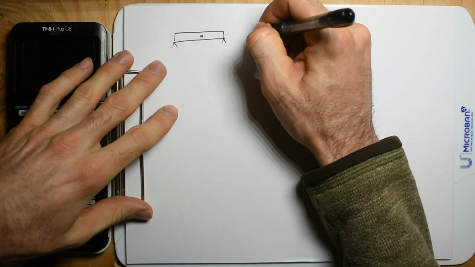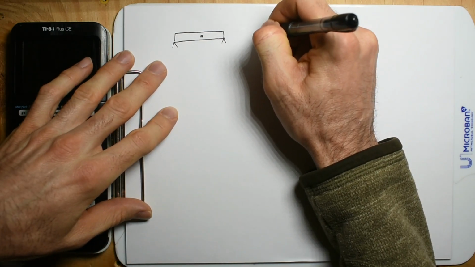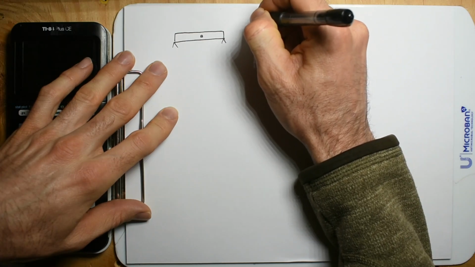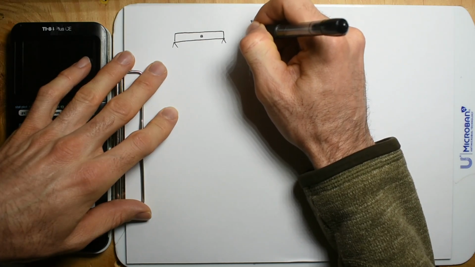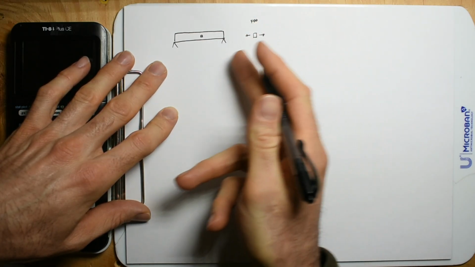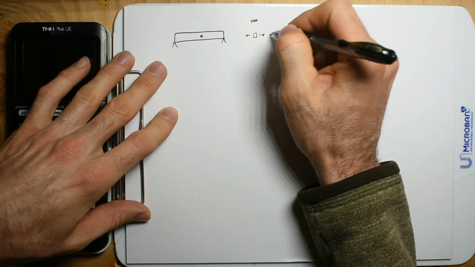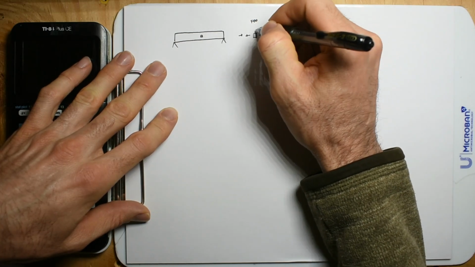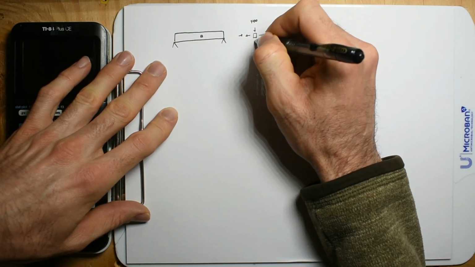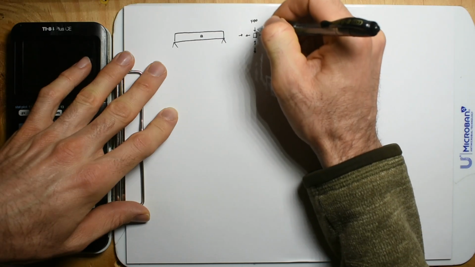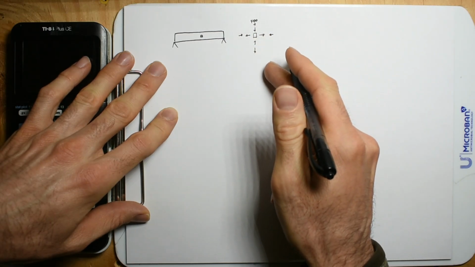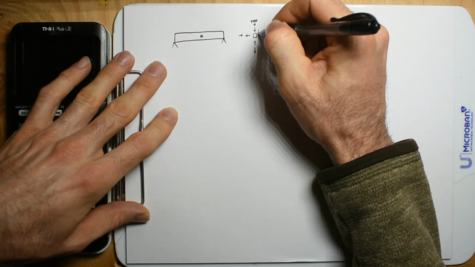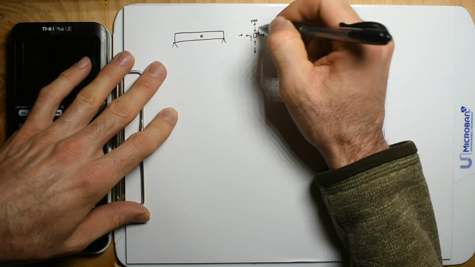Before this, we have, well, even a free body diagram. That point might have axial tension or compression forces in both the vertical and horizontal direction. We might have shear forces that are this way and this way.